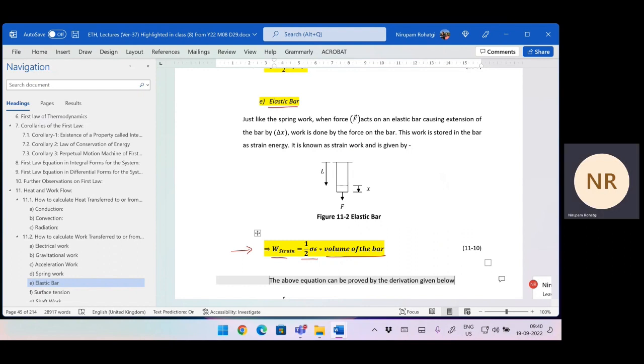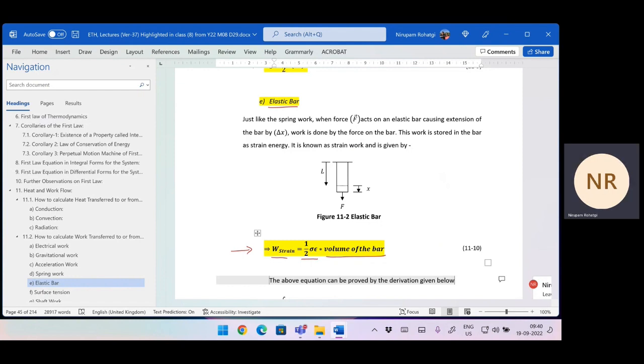Your mechanics teacher should also be teaching you solid mechanics, where they talk about energy stored within solid bodies due to deformation or extension. The solid mechanics course may be in the next year or next semester, but all these you have done before.